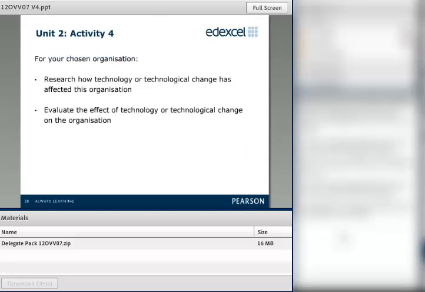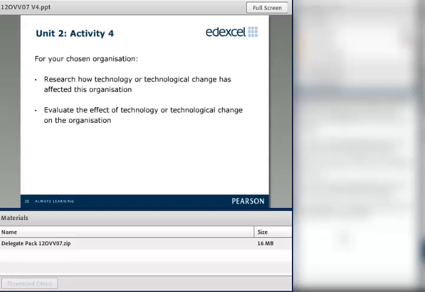Okay, activity 4. This is the operations part of the unit, because it's called sales, promotions, and operations. So when you're looking at the technology and technological change that's affected the organization, it's not just the marketing and promotions side or the sales and promotions side. This can be anything. I keep referring to theme park, but it seems to be one of the most common.